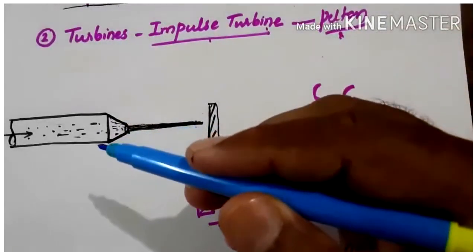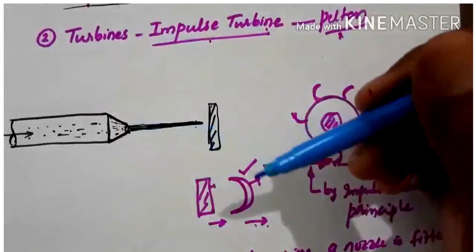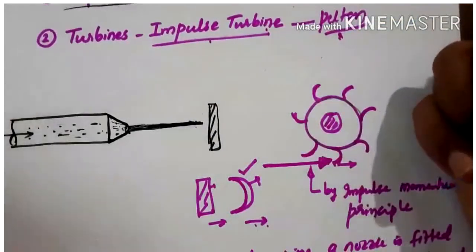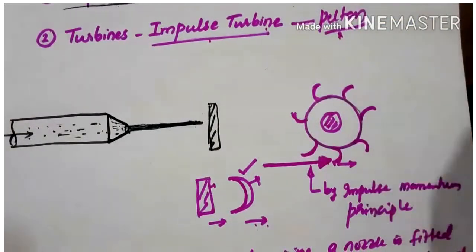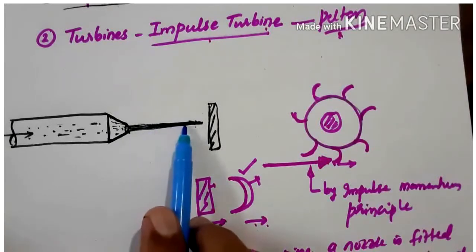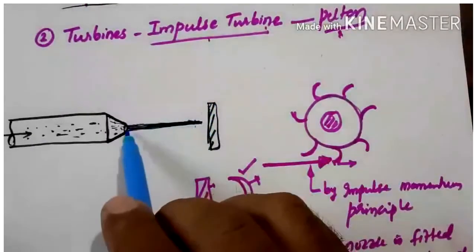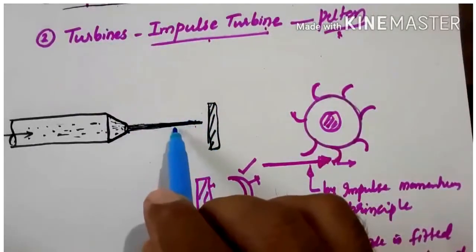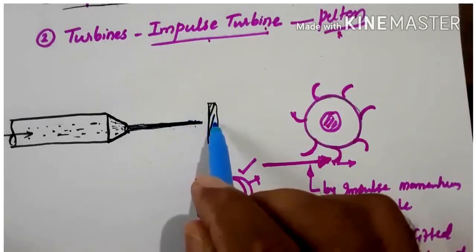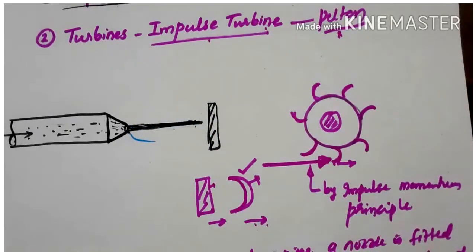Then when this fluid comes out of the nozzle, which will be in the form of a circular or non-circular rod, which is called a jet of water, and if anything comes in the path of the jet, then the jet will exert a force on the plate, also called a vane, and that force is called hydrodynamic force.